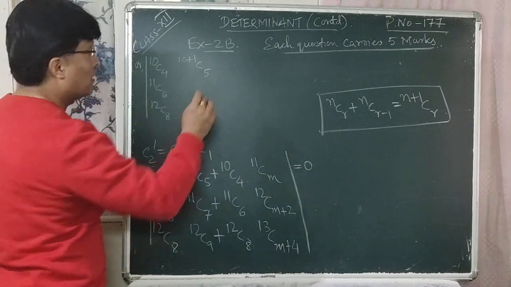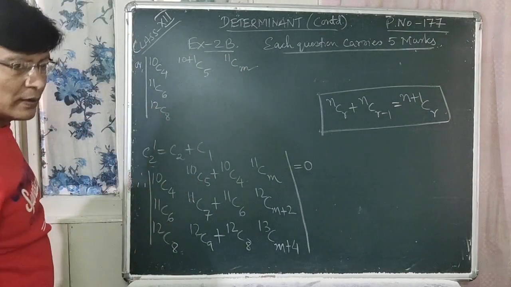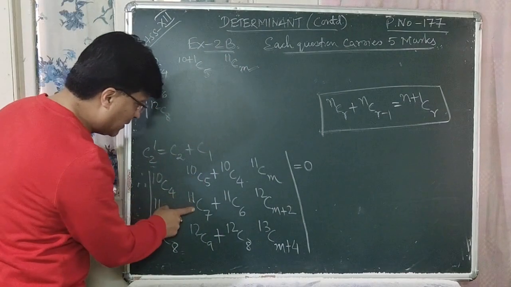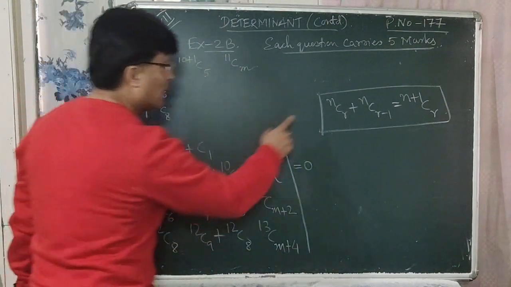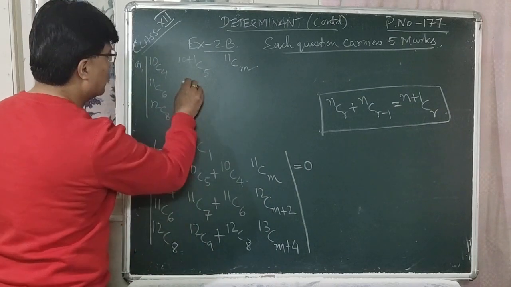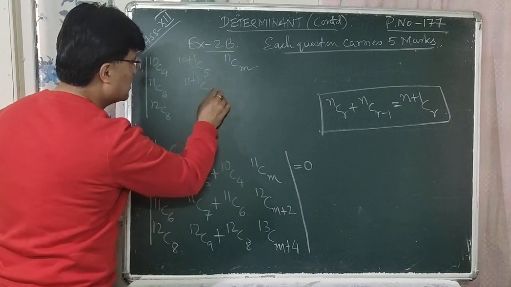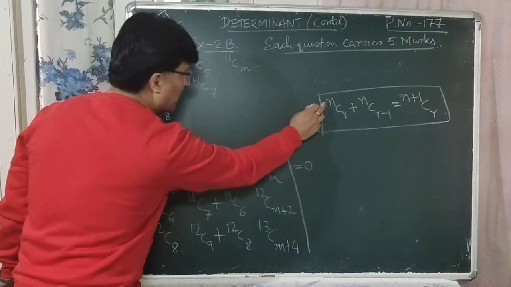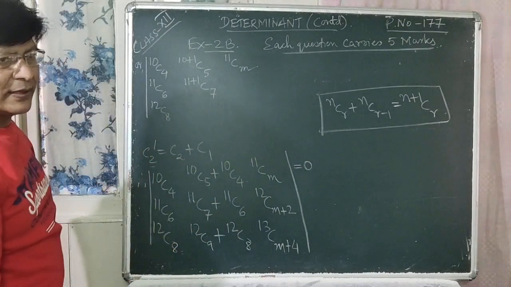Is that clear? Now next, 11C(n). Similarly, what is 11C7 plus 11C6? You can use this formula. Like n plus 1 is there, so n plus 1 means here 11 plus 1. See, what is the value for r here? It is 7. Compare these two. Here n is equal to 11 and r is equal to 7, right?